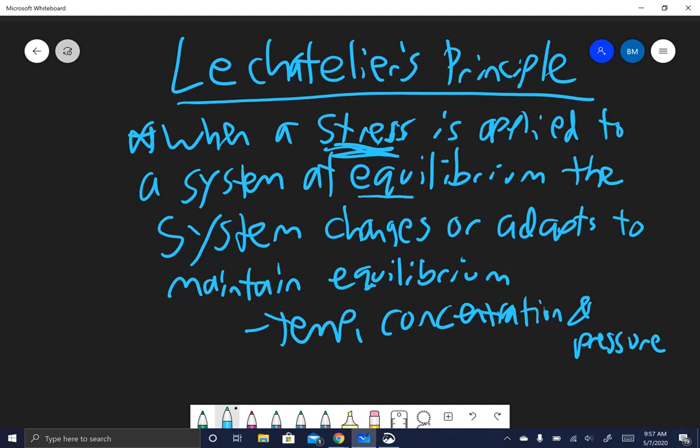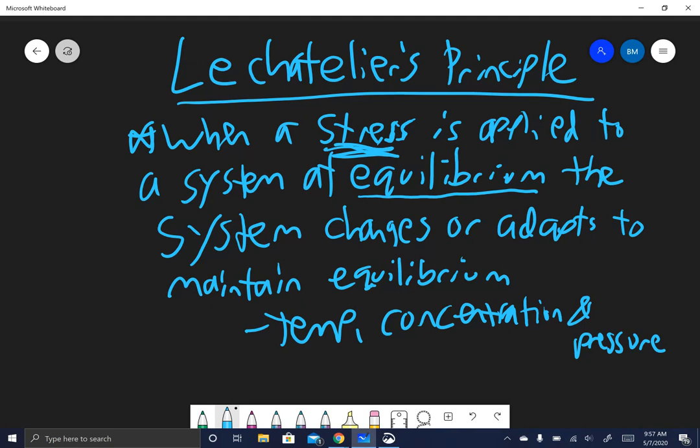And that's my analogy there with equilibrium. Let's say you're at equilibrium. Life's pretty good. Don't have a lot of stress going on. Something pops in your life. There is a lot of stress. You do what you can. You deal with it. You change. You adapt so that you can go back to being happy, right? Balanced at equilibrium. So that's the same thing here. So that's LeChatelier's principle definition.